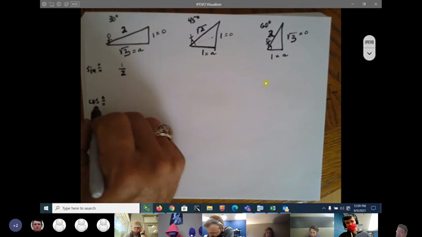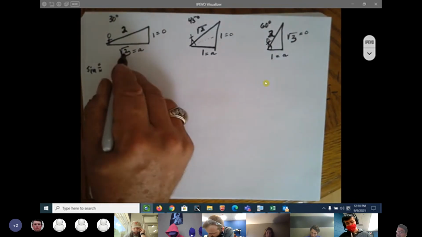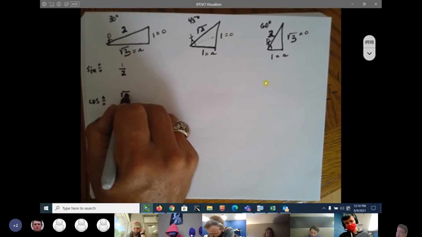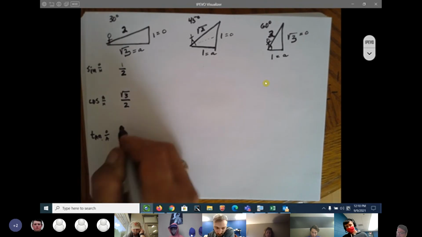And what is the cosine of that, adjacent? That's square root of 3/2. And this one is Oscar, that's 1 over the adjacent, 1 over the square root of 3, which is square root of 3/3.